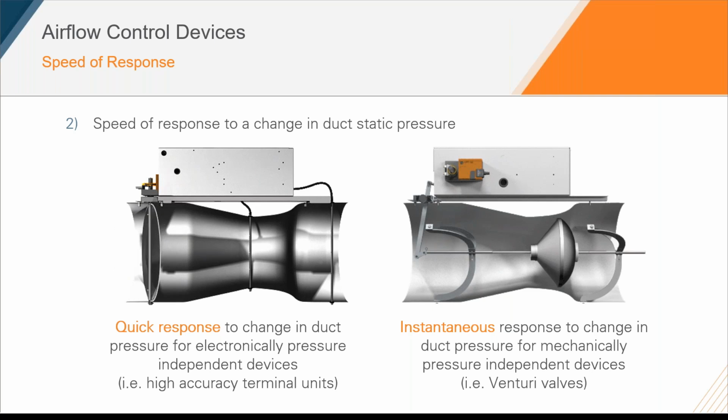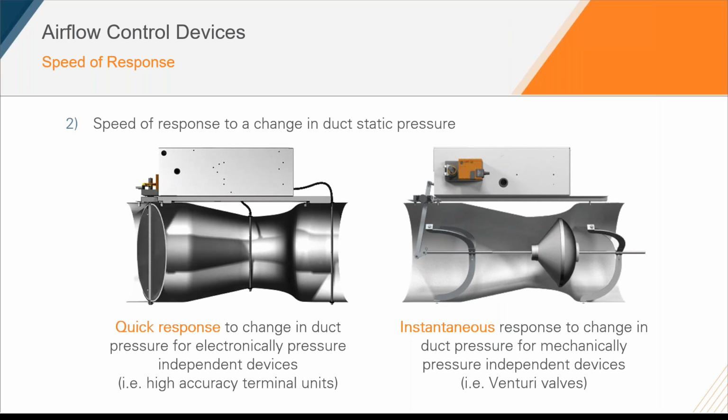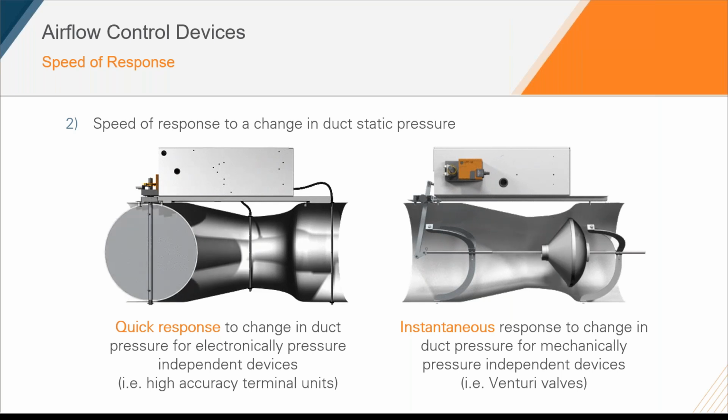Because that cone spring inside that valve is mechanically regulating due to the changes in the pressure, and there's no controller telling that cone, that spring, to make any adjustments, you're going to get by far the fastest response, which again, there's really not much that can beat.